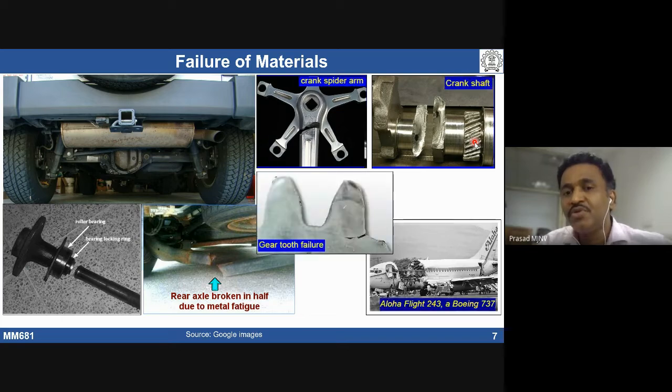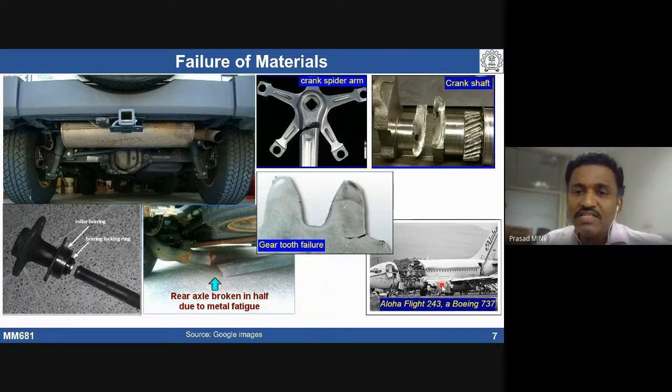We do see failures like that: the crankshaft is failing, the crank spider arm is failing, gear teeth also fail. We even see aerospace components failing under cyclic loading conditions.